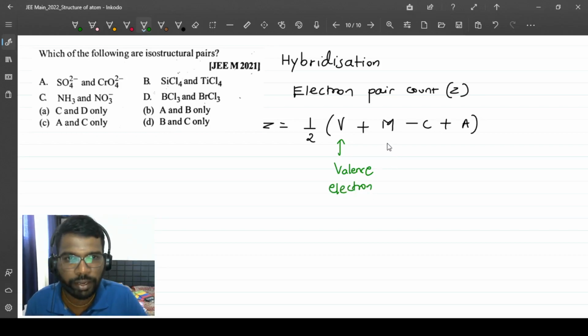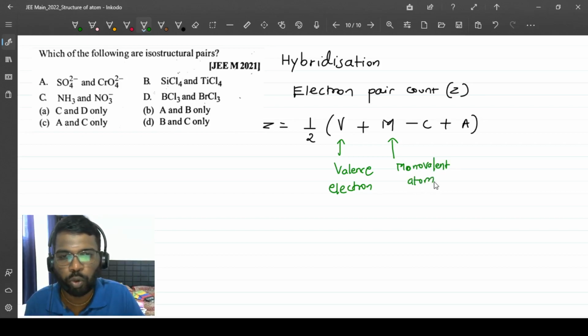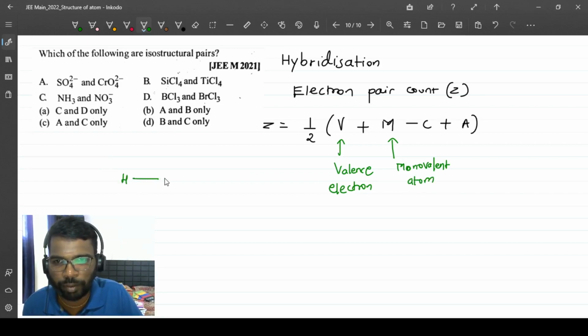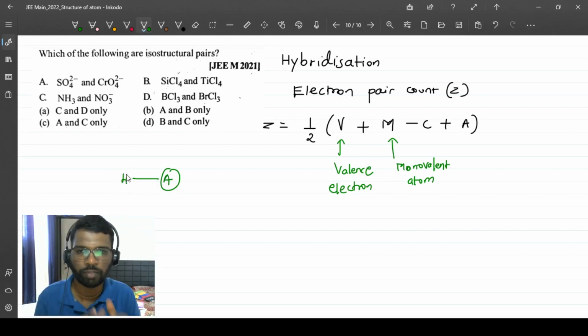Then M represents the monovalent atom. What is the meaning of monovalent atom? For example, if I take hydrogen connected to a central atom A, then the atom which is connected by one single bond is called a monovalent atom.